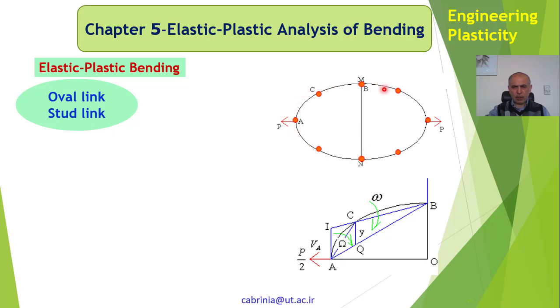Now in here, I have considered these plastic hinges, 8 together, 8 plastic hinges instead of 4 plastic hinges, or 3 plastic hinges. If I consider a quarter of the ellipse, it's like that, a quarter of an ellipse, because there is symmetry, and that black line is the ellipse.